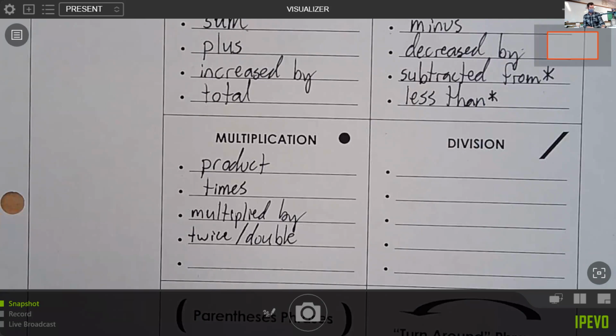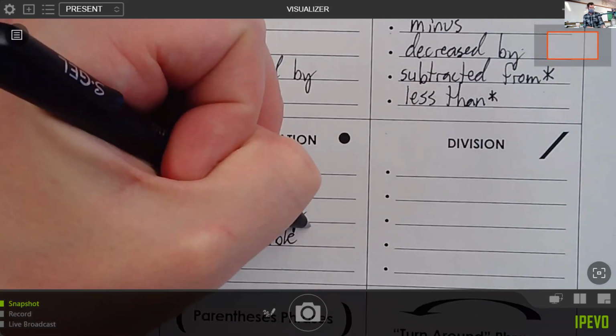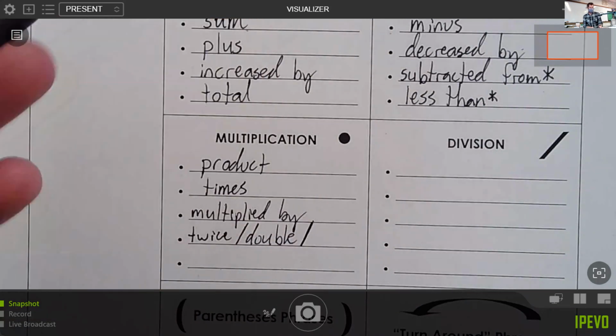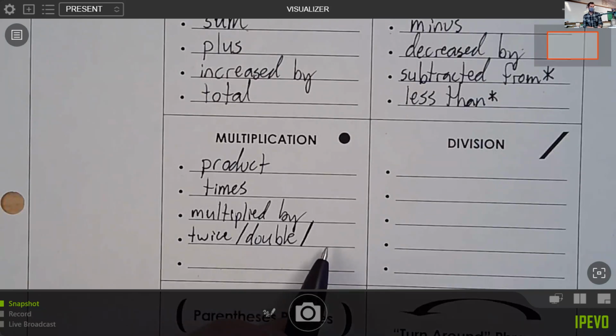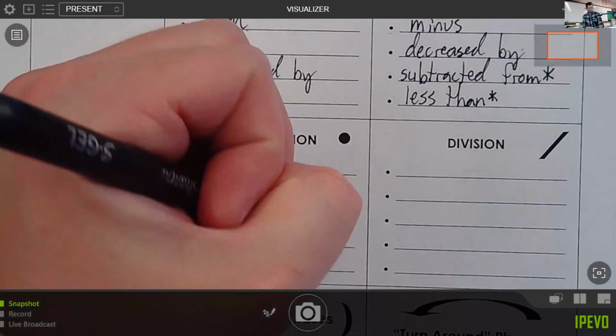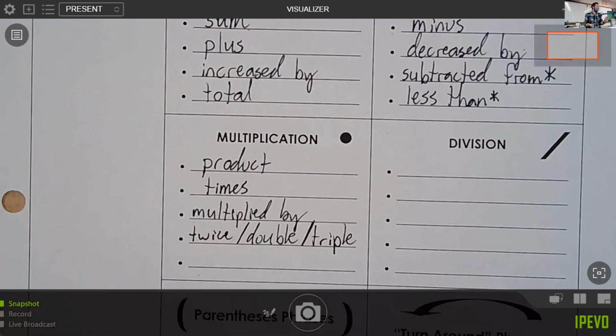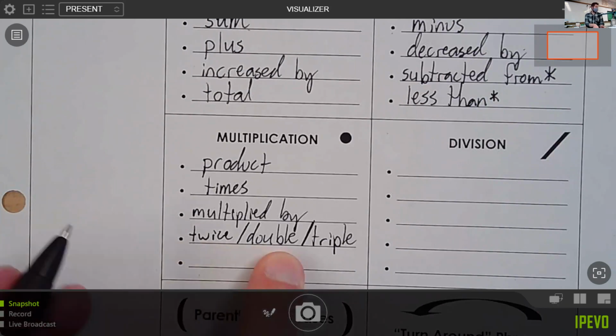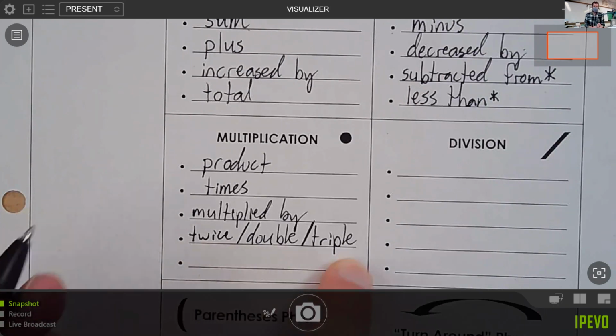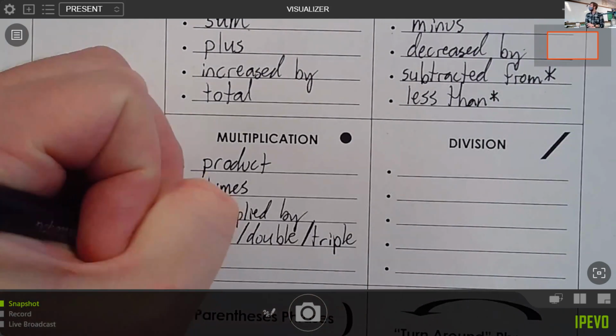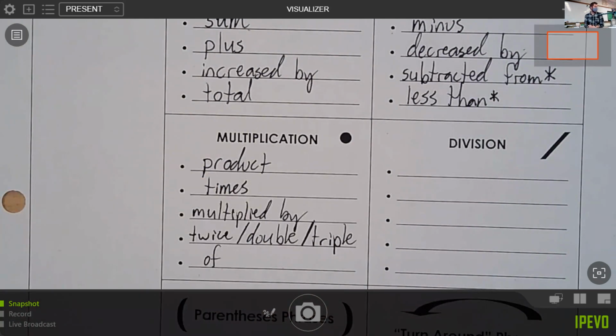What would be a word that means multiplied by 3? Times 3, or if we're dealing with twice, double, what would be the word for times 3? Triple, yeah. So we'll put those 3 on the same line because they're all very similar to one another. Twice means times 2, double means times 2, triple means times 3. And then the last one is the word of. If you see the word of, it implies multiplication.